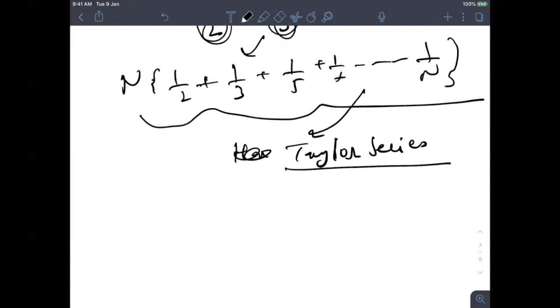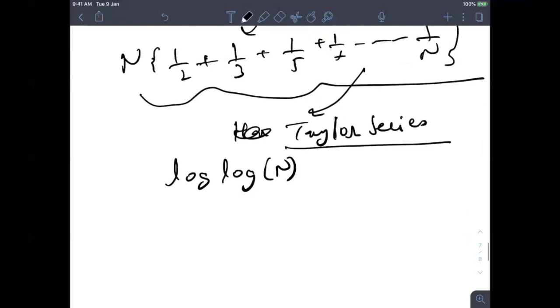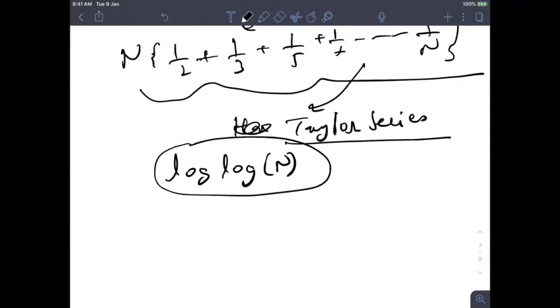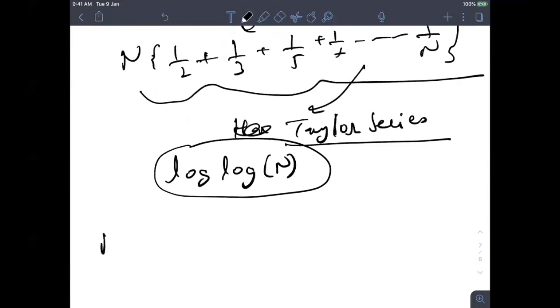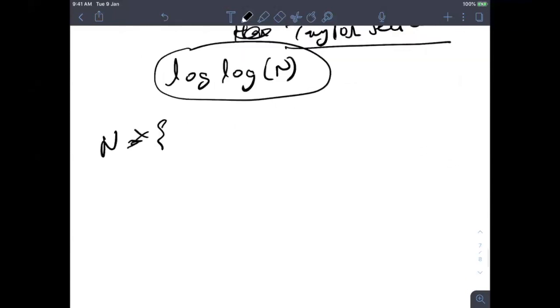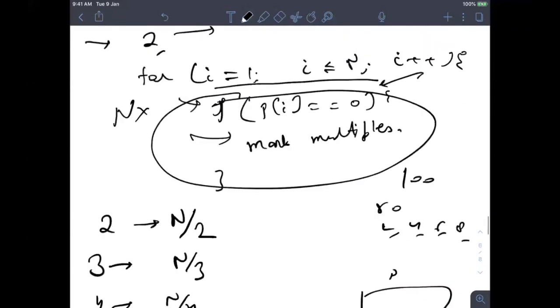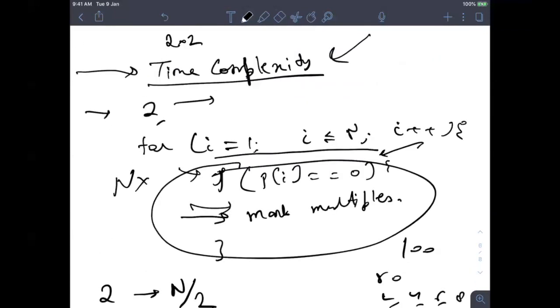Basically, this factor will come up to log of log n. Even if you're not able to think of this, I can tell you a very basic thing. Let's add something like this: n into n by 2 plus n by 3 plus n by 5 plus n by 7 plus n by n. This is because we are only marking the multiples for prime numbers.